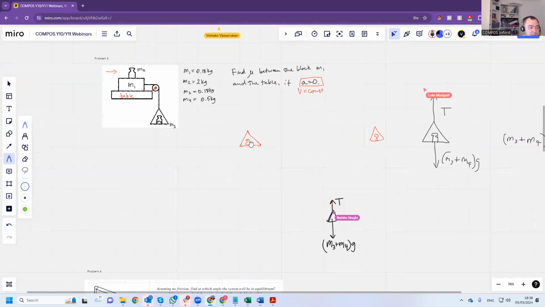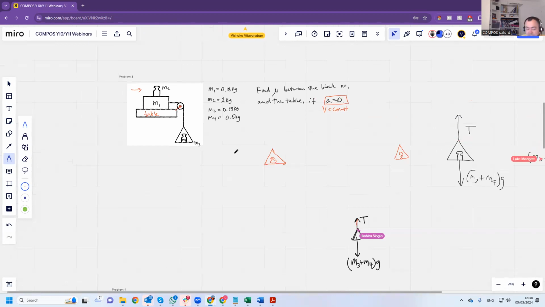And similarly, can you draw the forces on the other two blocks, so you can consider them as a single object as well?